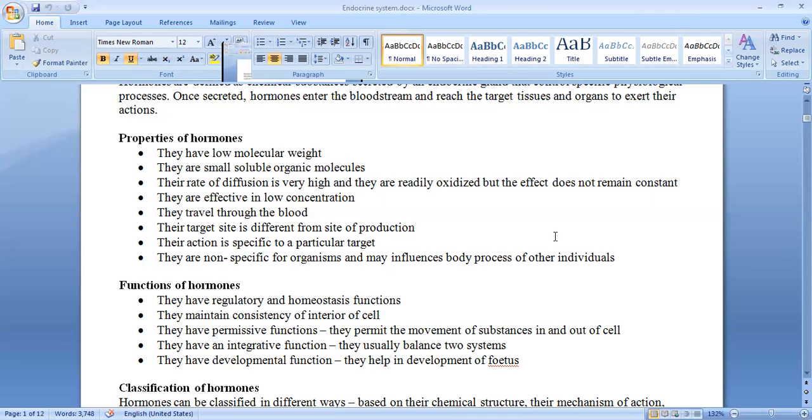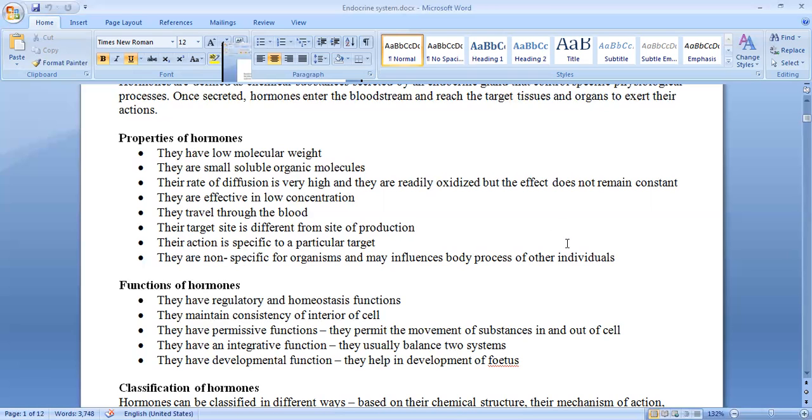If you have insulin released from the pancreas, that insulin will act on particular types of cells and exert a particular type of action. When the anterior pituitary releases FSH, the action of FSH is separate. It is not the same as that of insulin, isn't it? So that is the meaning of saying that the action of the hormone is specific to a particular target, right?